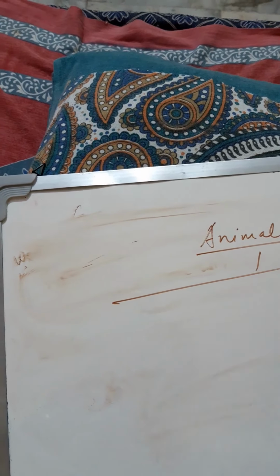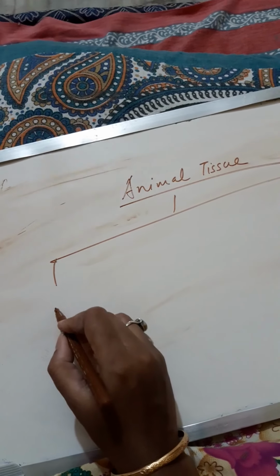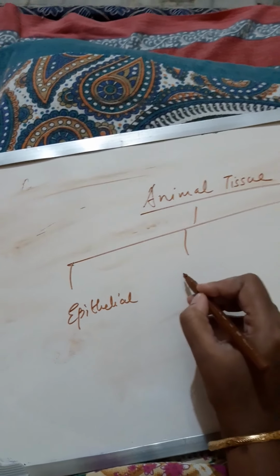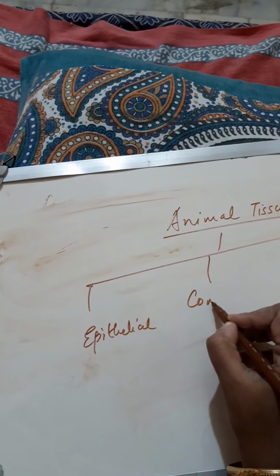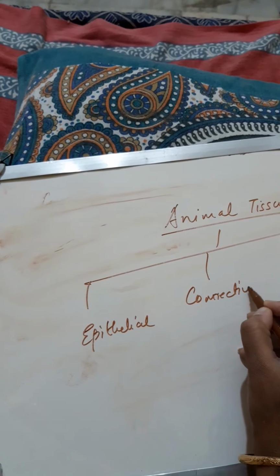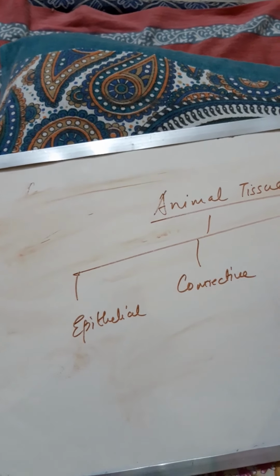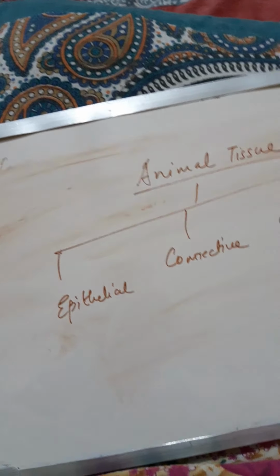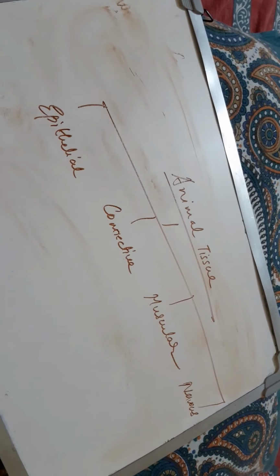What are those 4 parts? One is epithelial tissue, the other is connective tissue, muscular tissue, and nervous tissue. Right? The 4 kinds of tissue are epithelial, connective, muscular, and nervous.